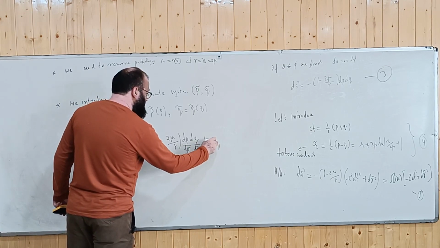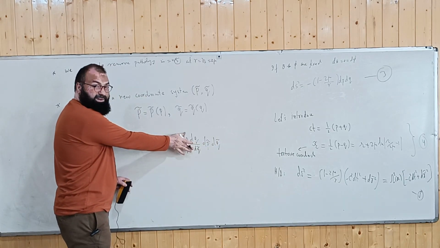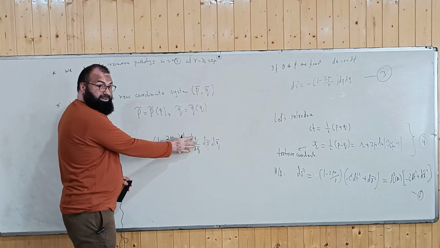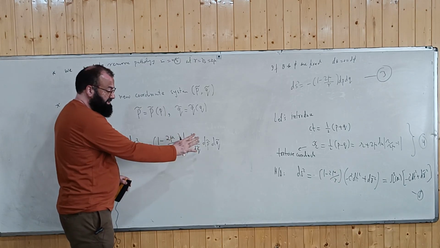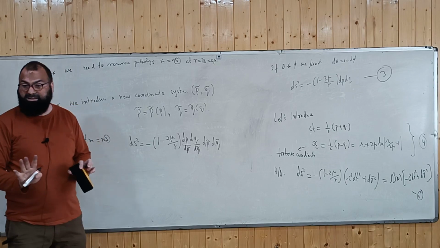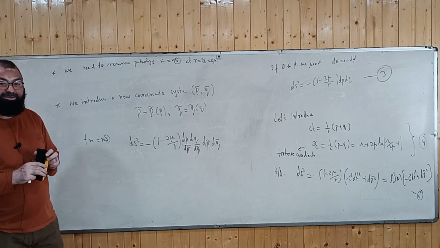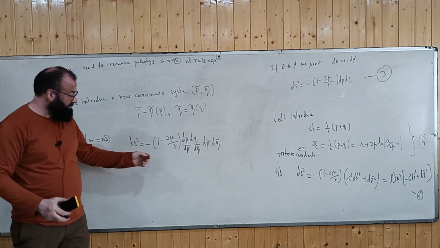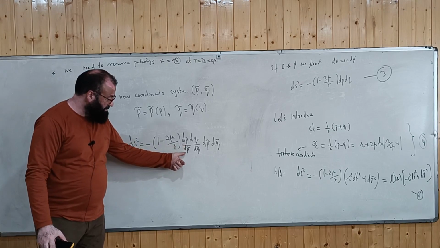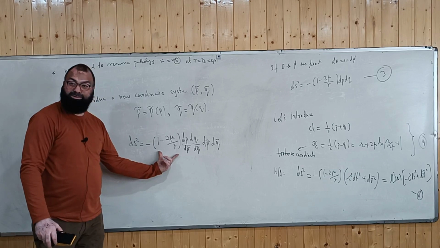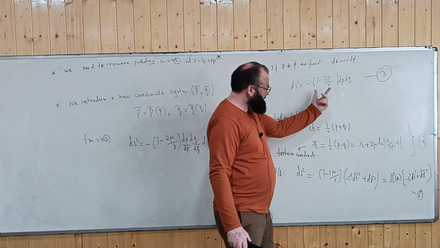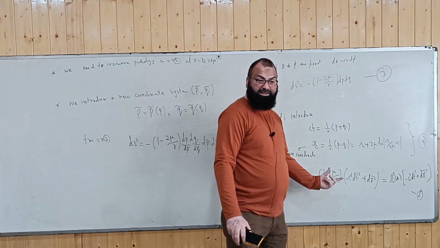If I know these derivatives, I have expressed this ds square in terms of the new coordinates. What is our need? I need to choose this p tilde, q tilde or p and q in such a way that it removes this factor, because this factor is being carried over to this very object.